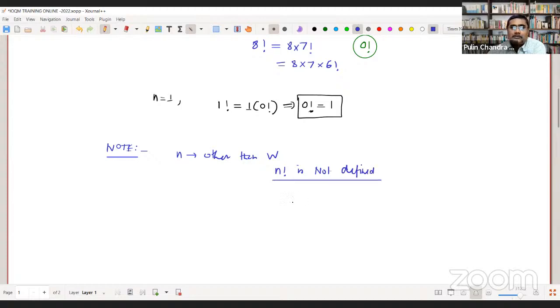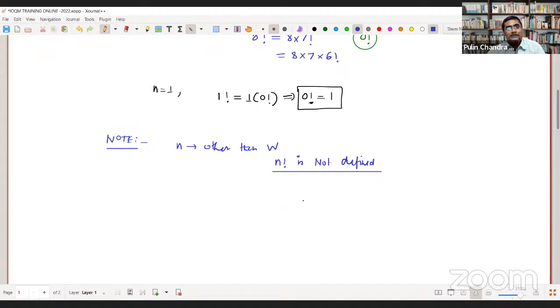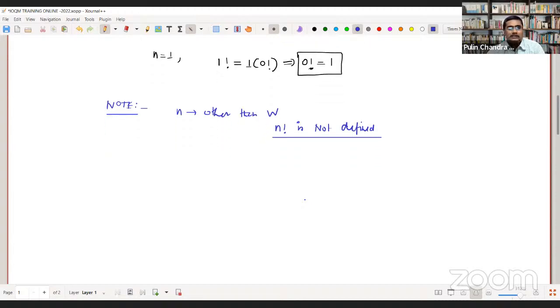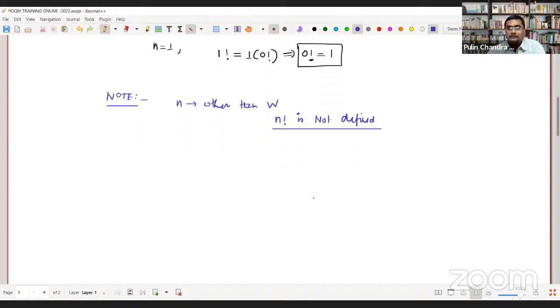So this is to be remembered. And one more thing, we have a small convention. Normally, whenever we use permutation and combinations, by the word number, we mean actually the positive integers. Default. So that also you have to keep in mind. So this is about the introduction of factorial n.